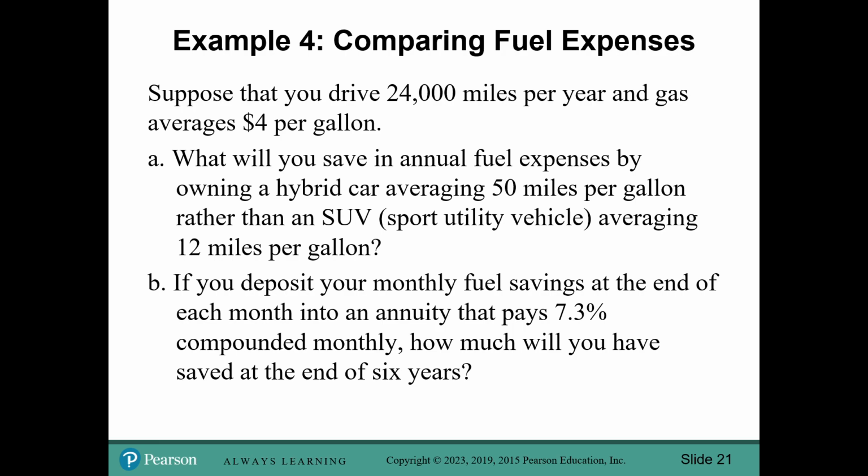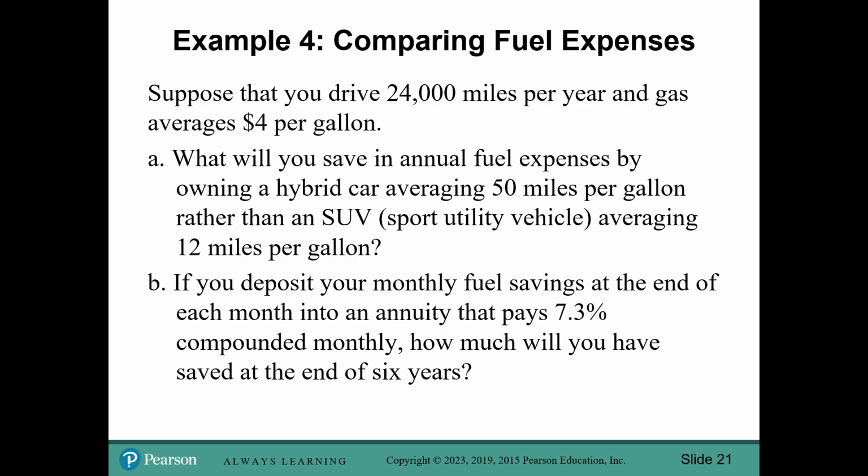What will you save in annual fuel expenses by owning a hybrid car averaging 50 miles per gallon rather than an SUV averaging 12 miles per gallon? And if you deposit your monthly fuel savings at the end of each month into an annuity that pays 7.3% compounded monthly, how much will you have saved at the end of 6 years?